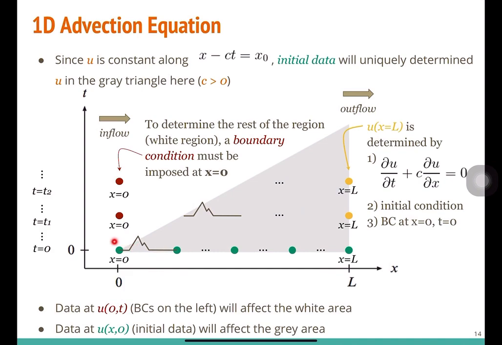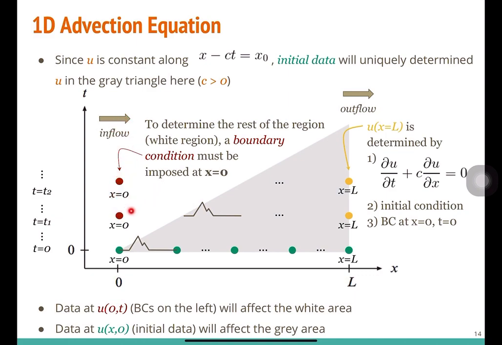Because we have decided that c is larger than 0, the inflow is on the left side and the outflow is on the right side. Then we immediately know that the region in the white box will be determined by the boundary condition you applied, because if you draw a line from this red dot, it is constant along x minus ct, so all the values on this line will be determined by this dot.